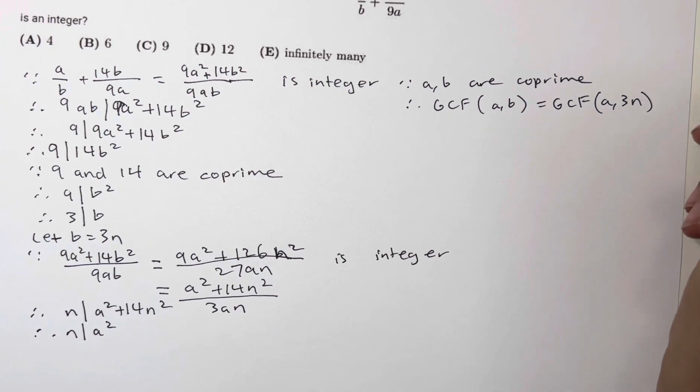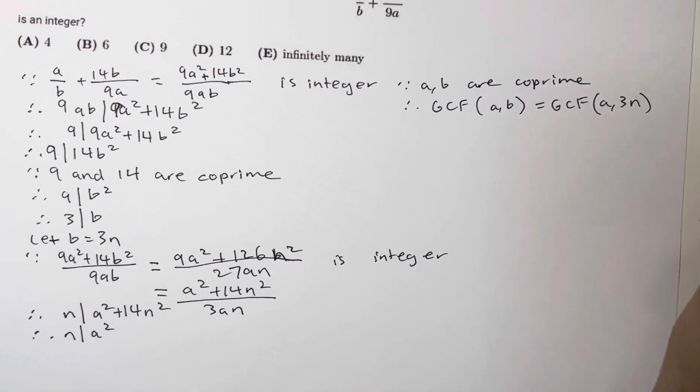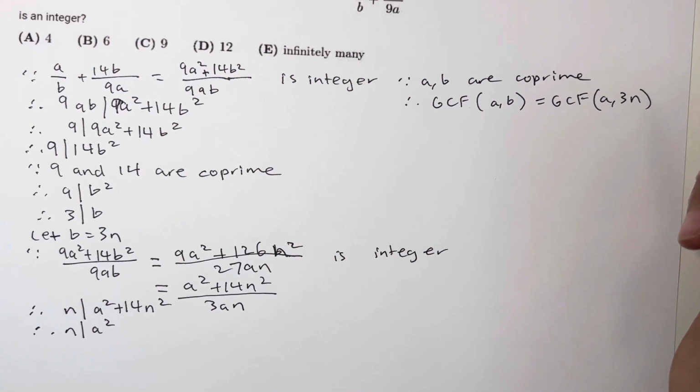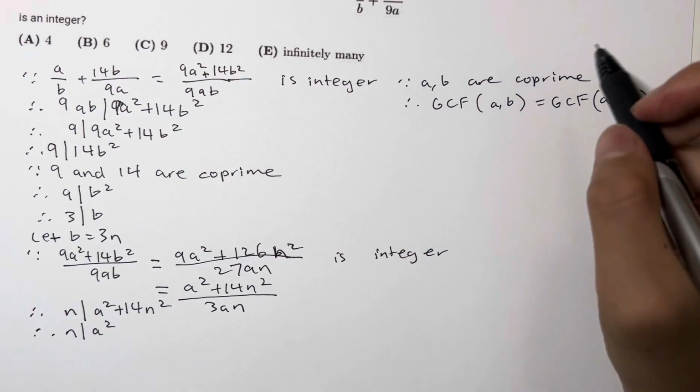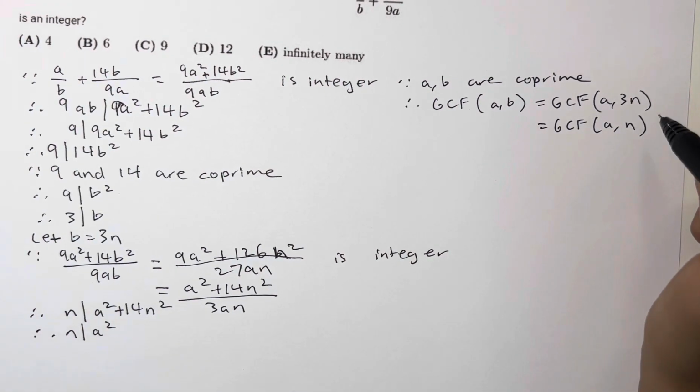And since a, b are co-prime and b has a factor of 3, a does not have a factor of 3. So the GCF of a and 3n is going to equal the GCF of just a and n. So we can leave 3 out.